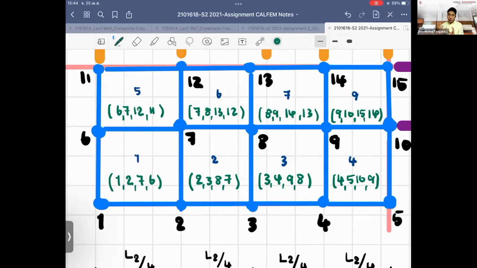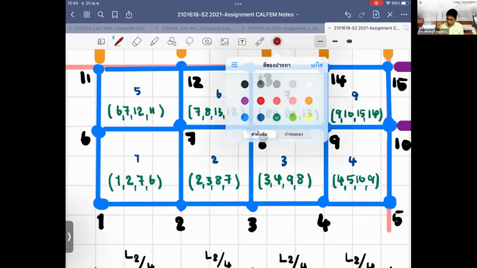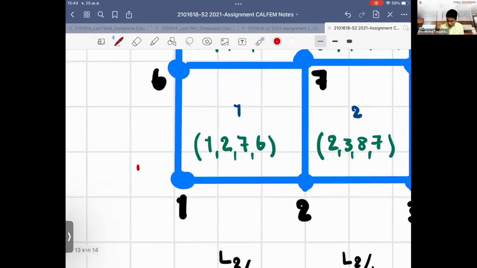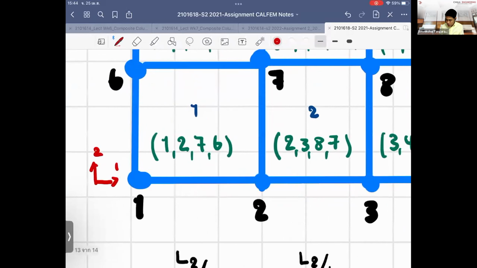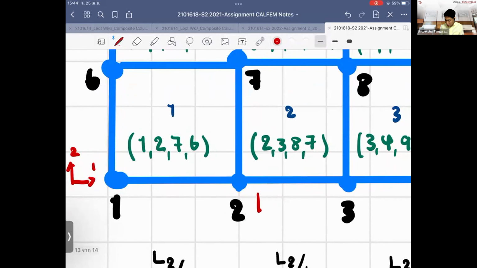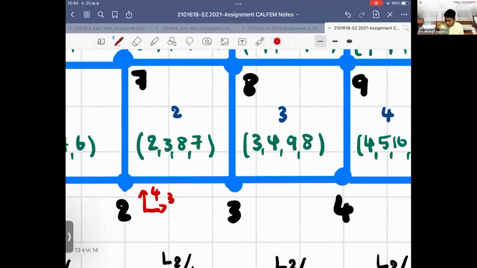Once you have the geometry of the mesh, when you define the node, you also tell what is the degree of freedom that comes with it. For example, at node number 1, we have this pattern of degrees of freedom 1, 2. Node number 2, I have 3, 4, and you keep running the degree of freedom numbers 5, 6, and so on.